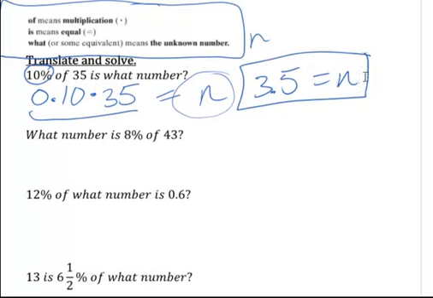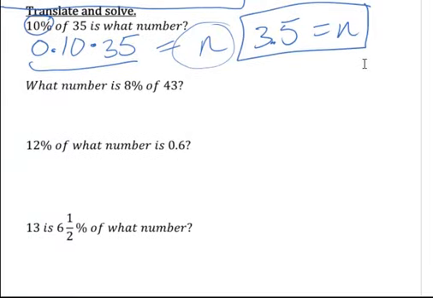All right, let's take a look at the next problem. It says, what number is 8% of 43? The first thing I see here is the phrase, what number? When I see what, I'm going to write my letter n. Is means equals. 8% as a decimal: remember, I need to move my decimal point 2 spaces to the left.